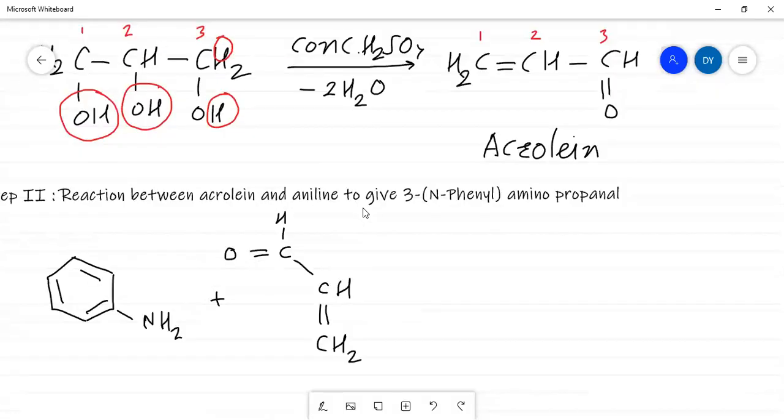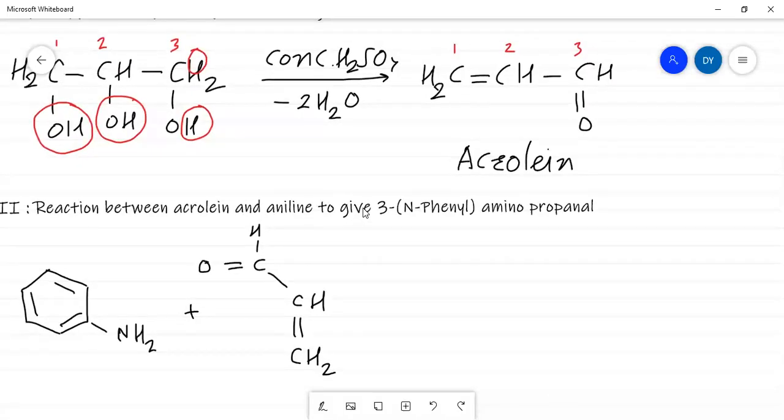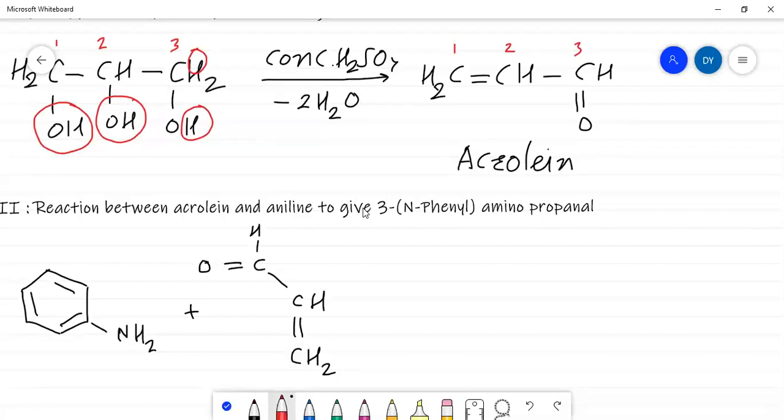You can compare the structure of acrolein. It is the same. Okay. I write numbers here again. Carbon number 1 and 2 contain a double bond, and carbon number 3 contains a CHO group.